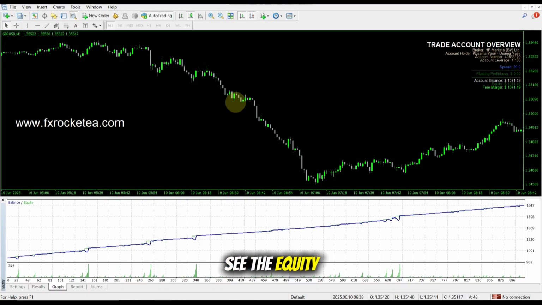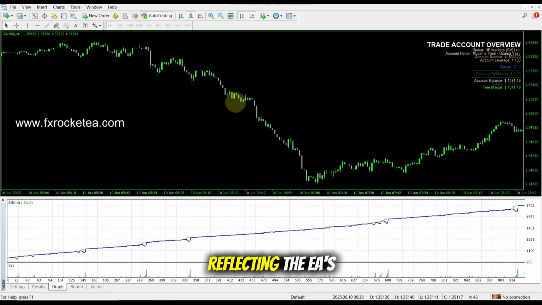As you can see, the equity curve is gradually rising, reflecting the EA's trade management over this period.